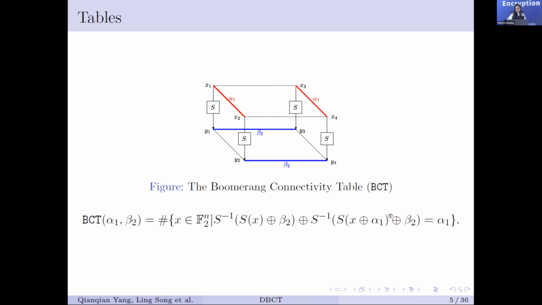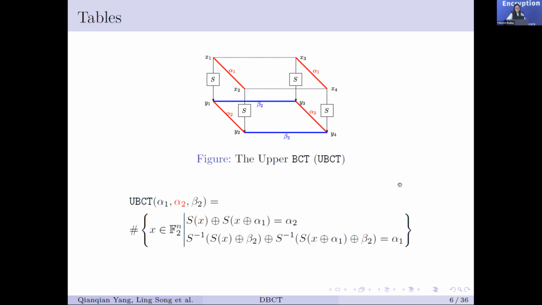BCT is the boomerang connectivity table, and BCT(alpha1, beta2) is the number of the quartets satisfying the conditions that the input difference in the upper pass is alpha1 before the S box, and the output difference is beta2 in the lower pass after the S box.